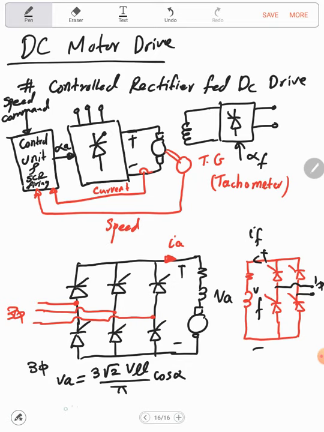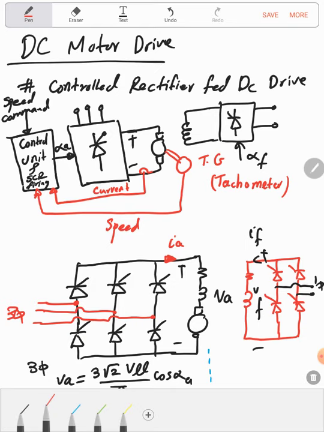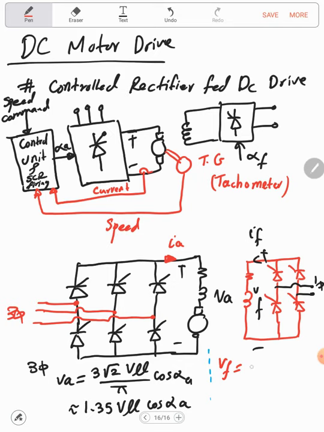Simply, this can be written as 1.35 V line to line RMS value cosine alpha. Which alpha? Alpha A, because I'm assuming that I'm using a three-phase rectifier in order to control the armature. For the field, it's a single phase. So simply here, VF is equal to 2 Vmax over pi cosine alpha F.